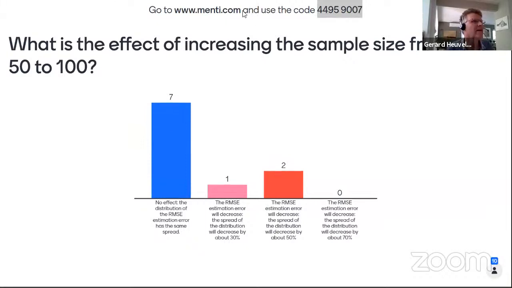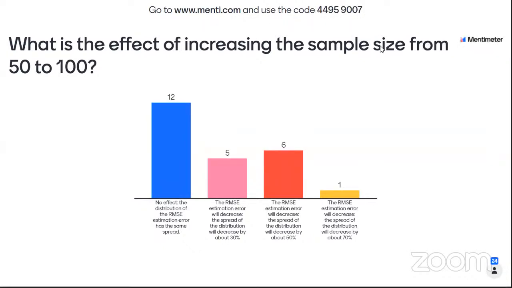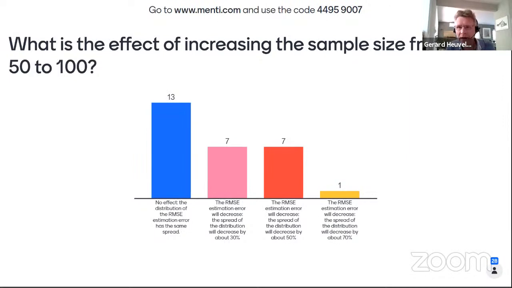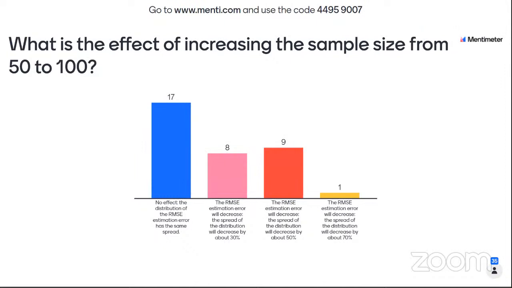Or maybe here. Separate window. But of course, everybody can see it also on the screen. I hope it's not too small. You just copy the numbers, I think, Gerard. You didn't copy the URL. Oh, well, it's menti.com. Okay, I can type that here. Okay, that's it.